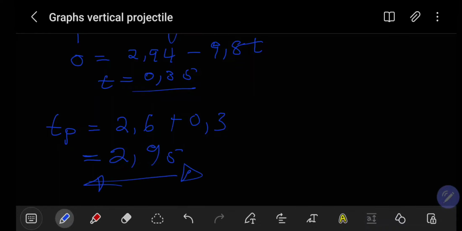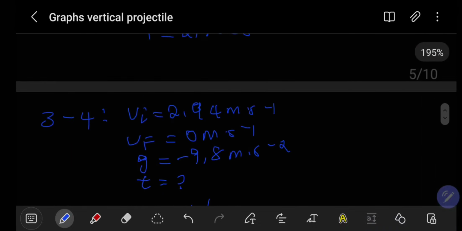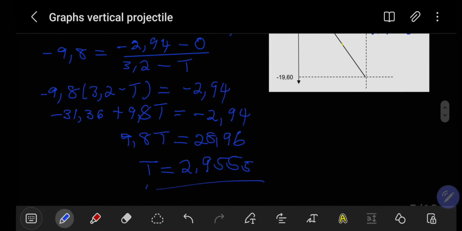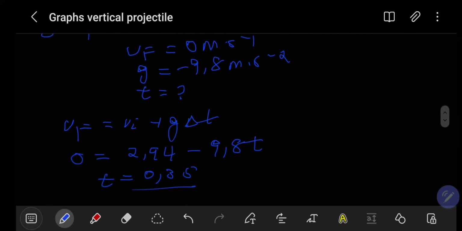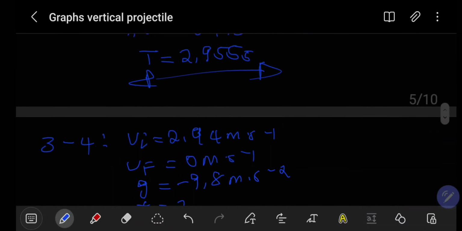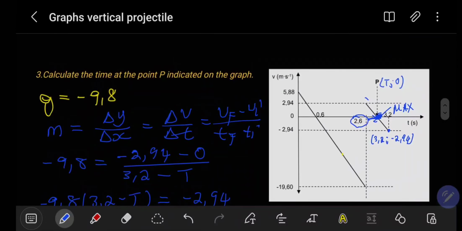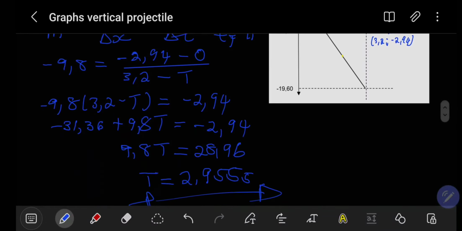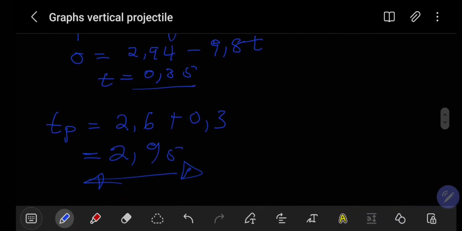You can see that this is the same answer that we got here, approximately 2.9 seconds for the ball at point P. So this is how we answer that one.